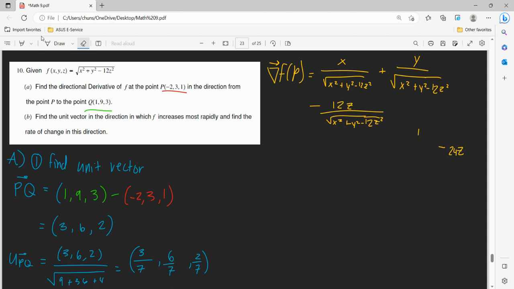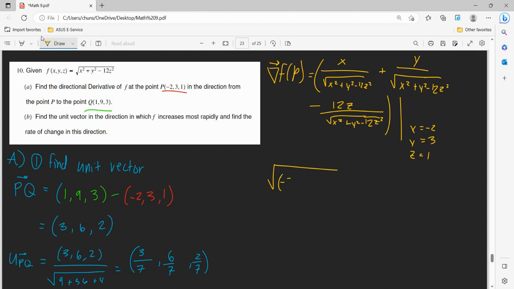Okay, and all of this is at point P. So x equals negative 2, y equals 3, z equals 1. When we plug that in, let's just solve for our denominator first, so we can get it out of the way.